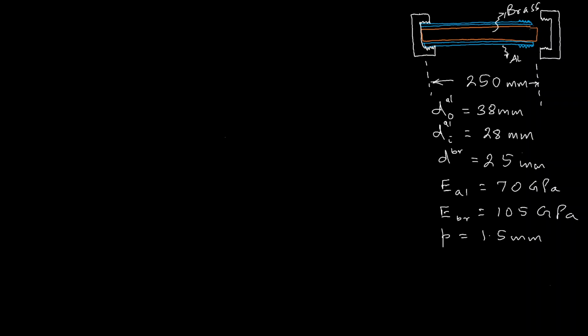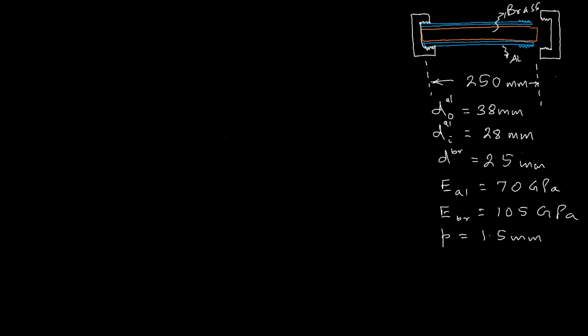This gap will be closed by two processes. One is that the aluminum tube will be slightly elongated, and at the same time the inside brass cylinder will be compressed, and both of them will contribute towards closing of this gap.